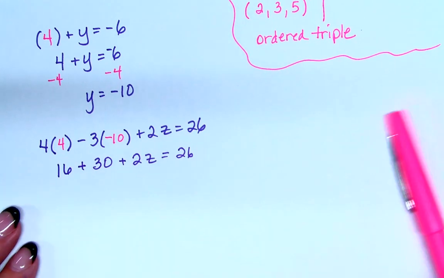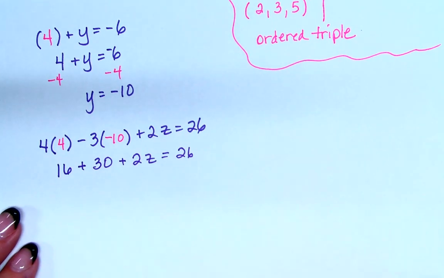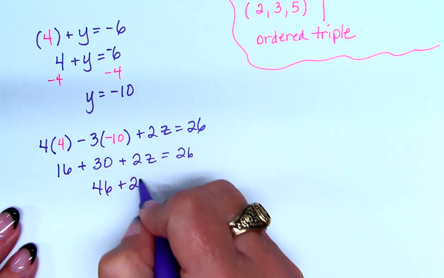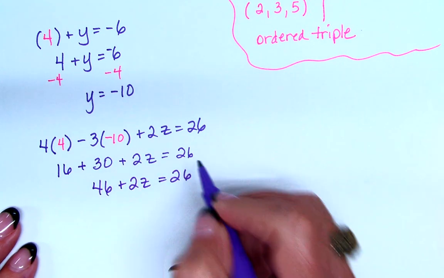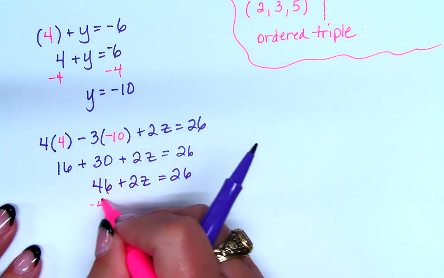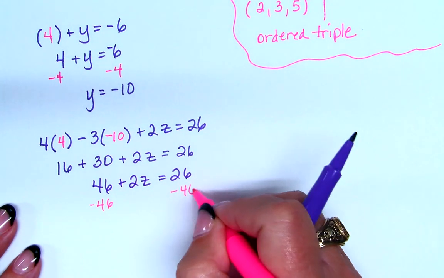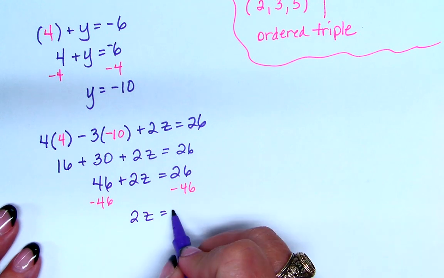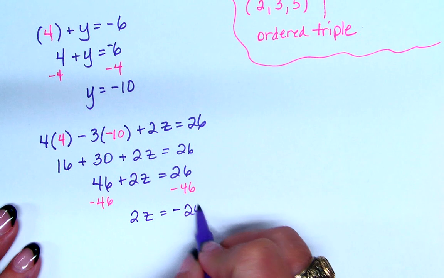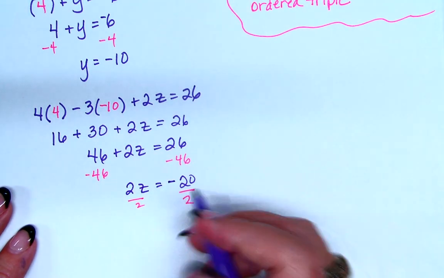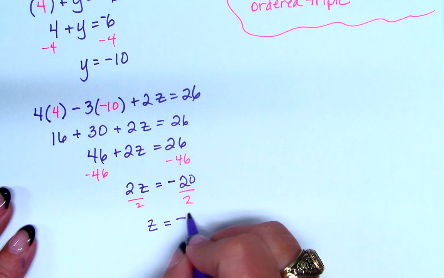What is 16 plus 30? 46. So 46 plus 2z equals 26. Now we're just solving for z. So subtract 46 from both sides. So 2z equals negative 20, and then z equals negative 10.